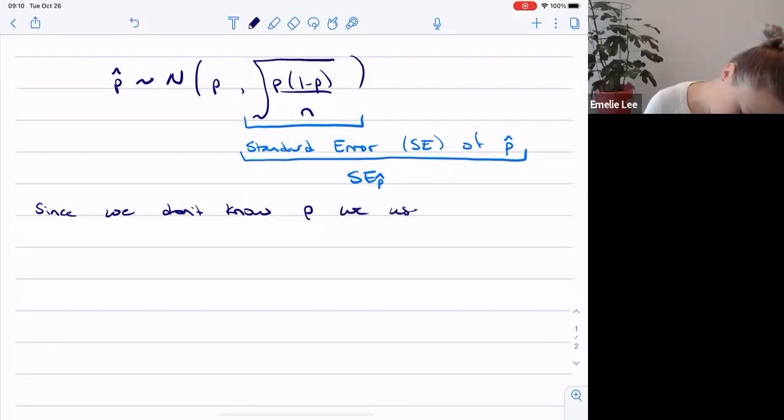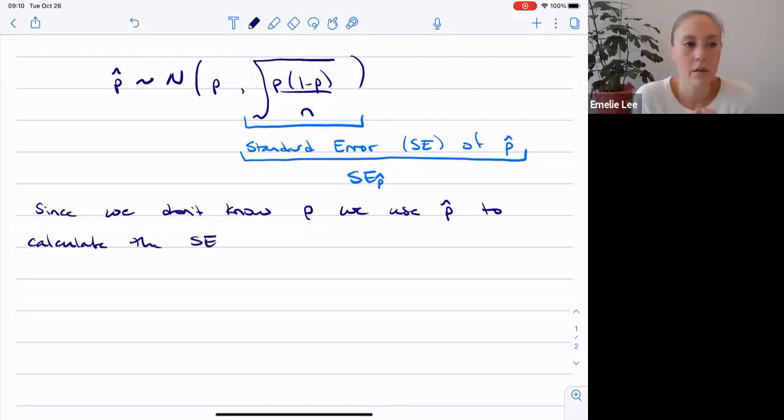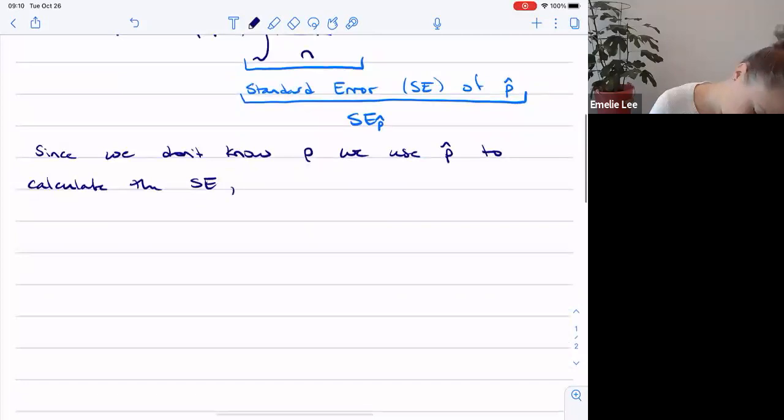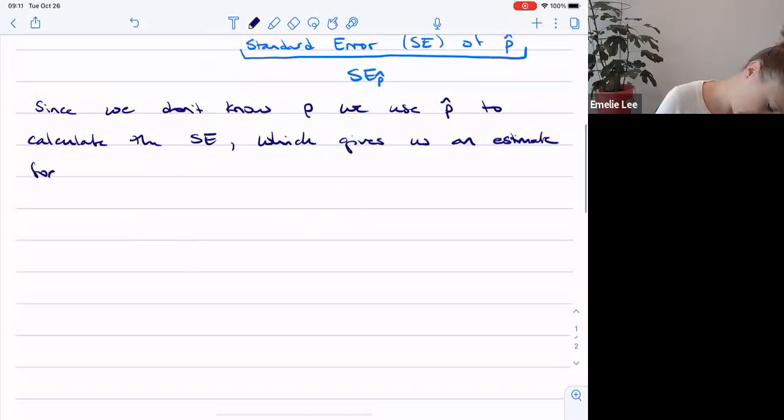We use p hat to calculate the standard error, which gives us an estimate for the standard error.